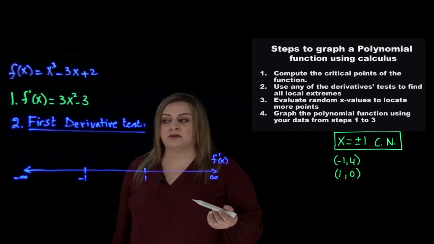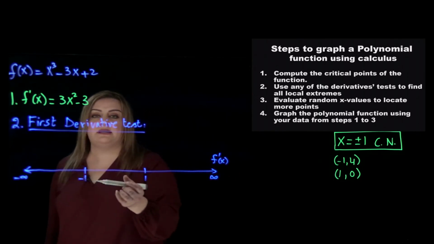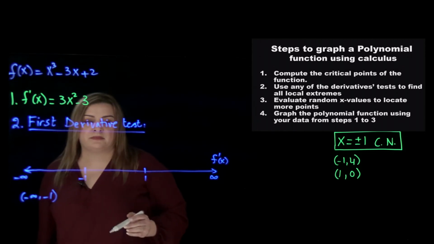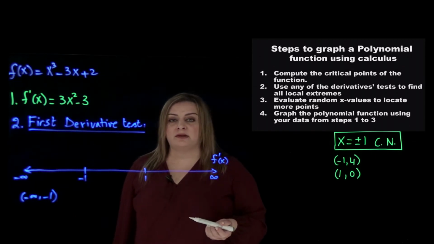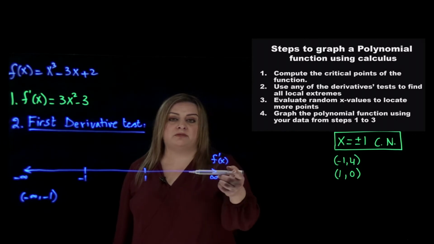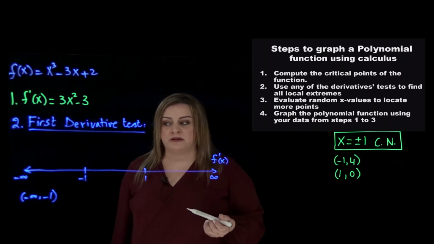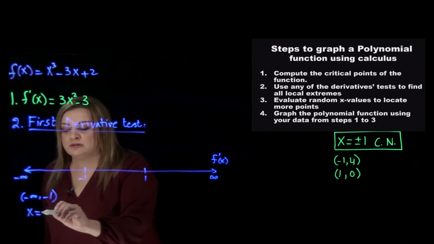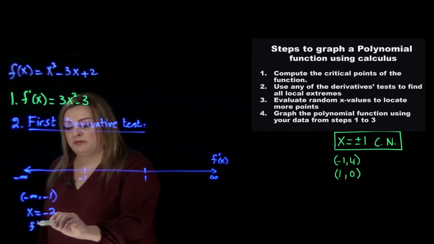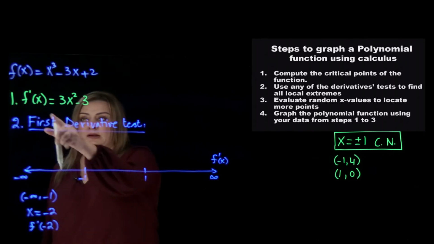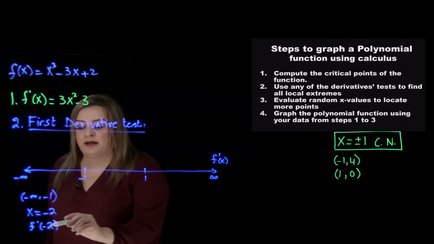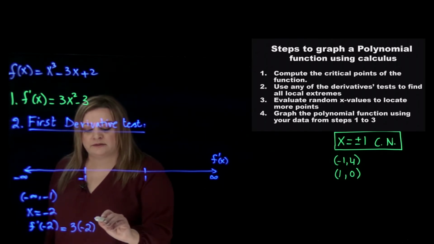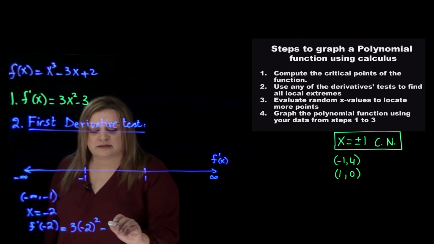I will start by considering the interval -infinity to -1. I will choose a value on this interval and evaluate f prime of x at that value. If I choose x equals -2, my f prime of -2 will be 3 times -2 squared minus 3.